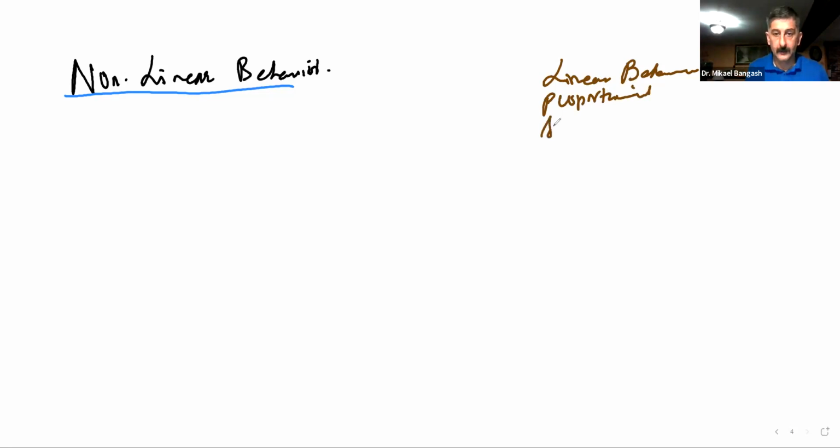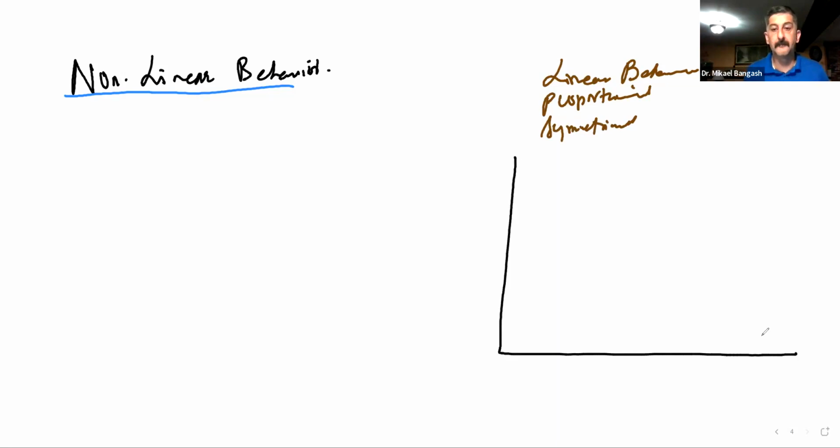Or we can say that it will be symmetrical behavior. If, for instance, it is drafted on a graph, that's going to be a proportional relationship.